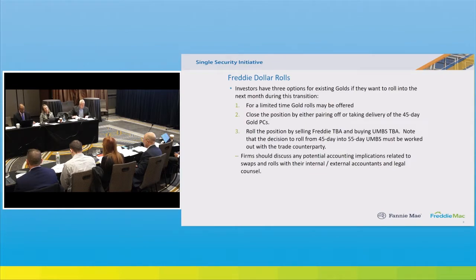So the concept still remains the same, that we would apply a float compensation discount from the new UMBS to get what the indicative gold TBA pricing will be if we're not seeing levels coming out of the market.